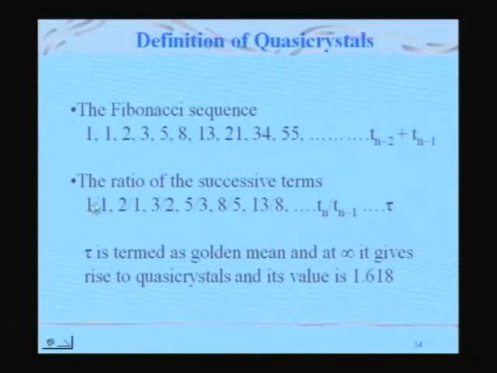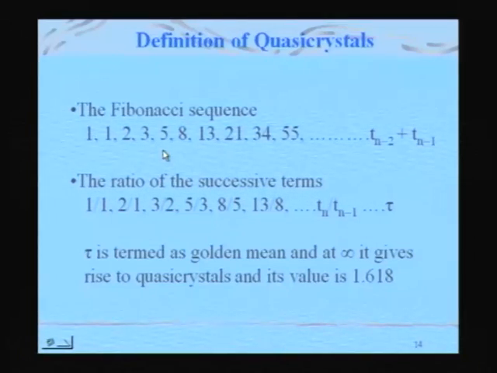And if you look at the ratio of the successive terms, the first 2 terms are 1 by 1, then you have 2 by 1, then 3 by 2, 5 by 3, 8 by 5, 13 by 8, like that. If you keep on taking the ratio of the n plus 1 term by the nth term, this ratio keeps on fluctuating.